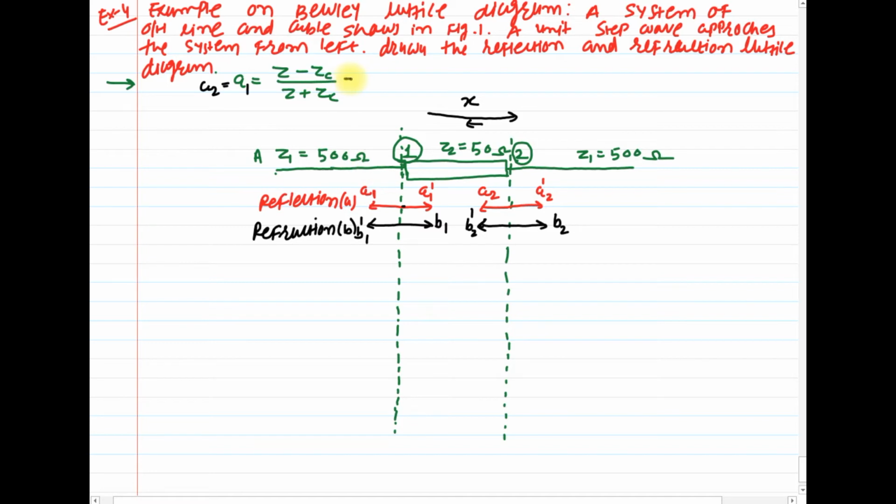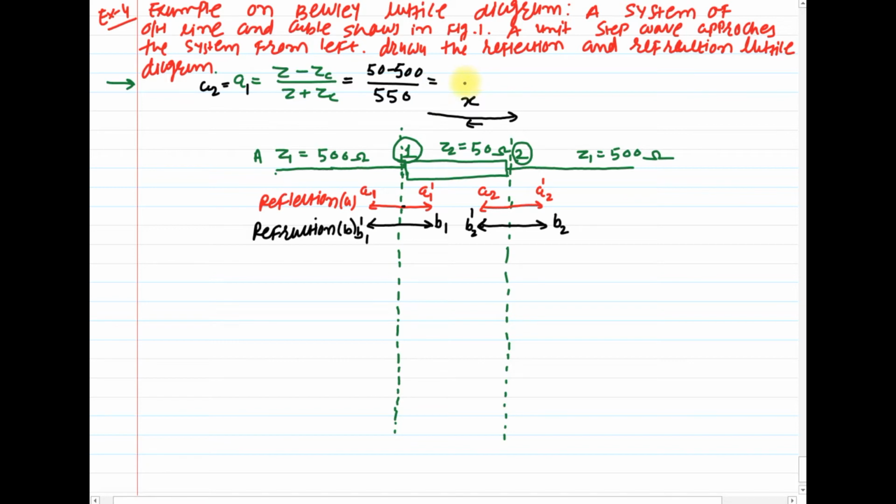We will calculate and see the answer so that you will understand. Z is equal to 50 minus 500 divided by Z plus ZC, which is 550.